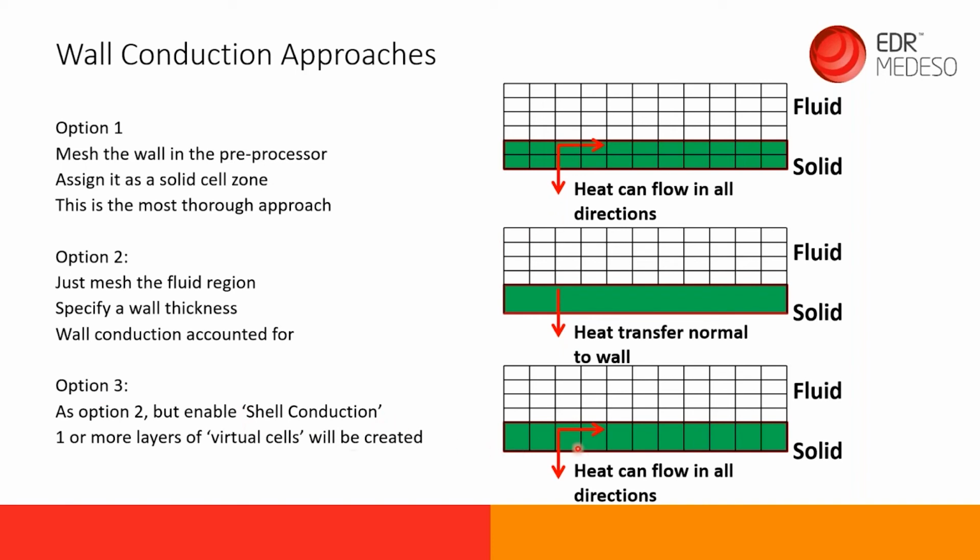So these are virtual cells. Again, we're not meshing the solid. Fluent creates layers of virtual cells in the background, and that means it can go back to calculating 3D planar conduction without the overhead of having to meshing the entire 3D solid.